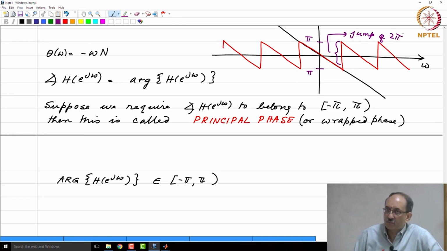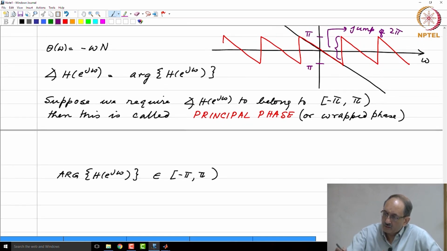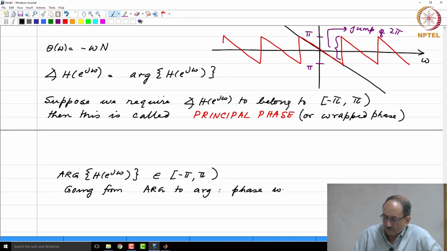The jumps we have seen before in the phase response are jumps of pi when you cross a 0 of odd order. And as I had mentioned before, going from capital ARG to little arg is phase unwrapping.